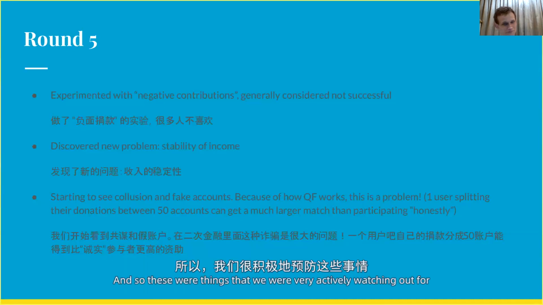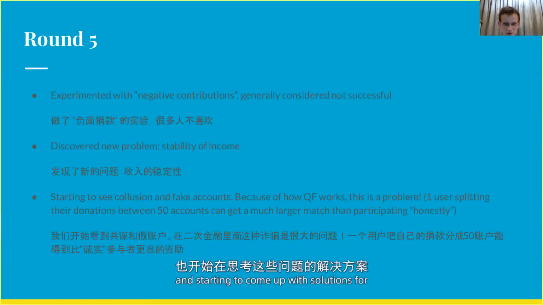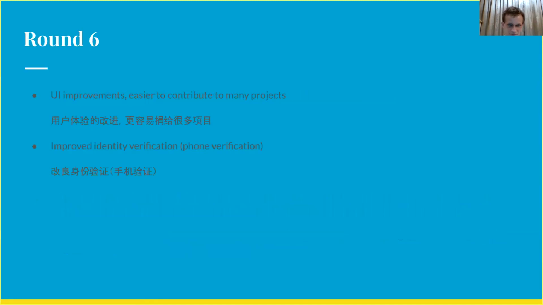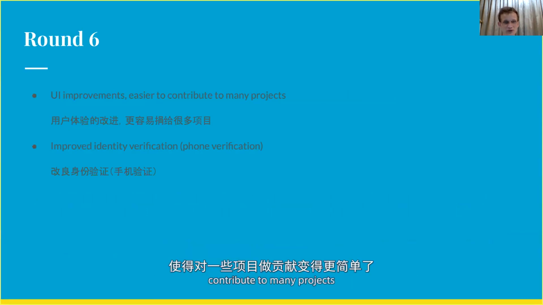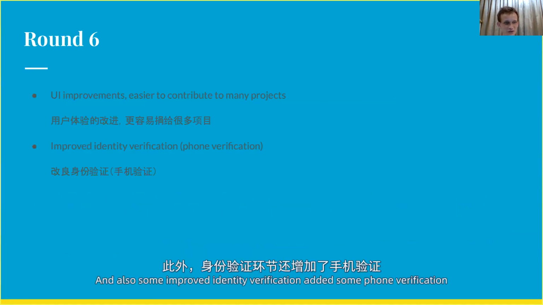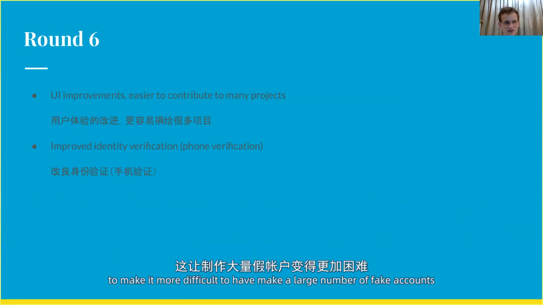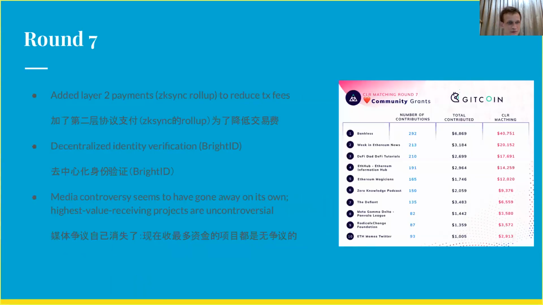And so these were things that we were very actively watching out for and starting to come up with solutions for. Round 6, some user interface improvements that made it easier to contribute to many projects, and also some improved identity verification, added some phone verification to make it more difficult to make a large number of fake accounts.